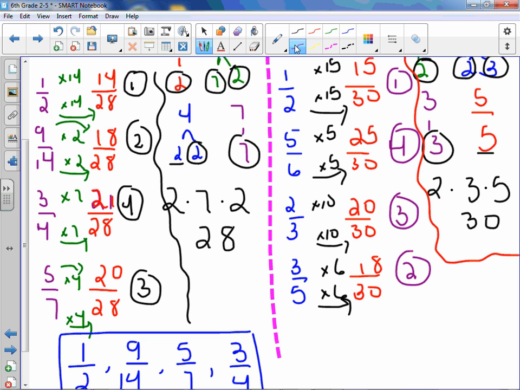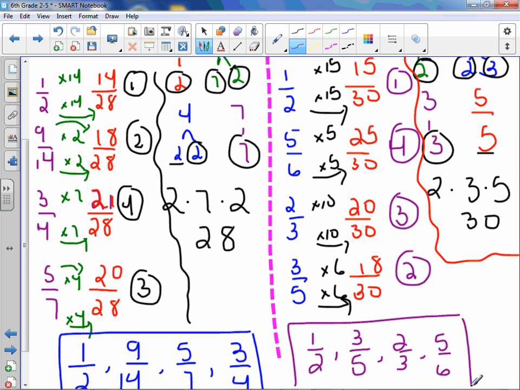The original form, number 1, is 1/2. And number 2 is 3/5. Number 3 is 2/3. And lastly, number 4 is 5/6. And that is our answer from least to greatest.